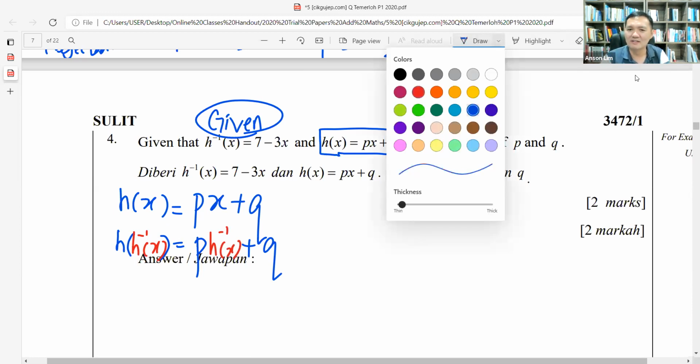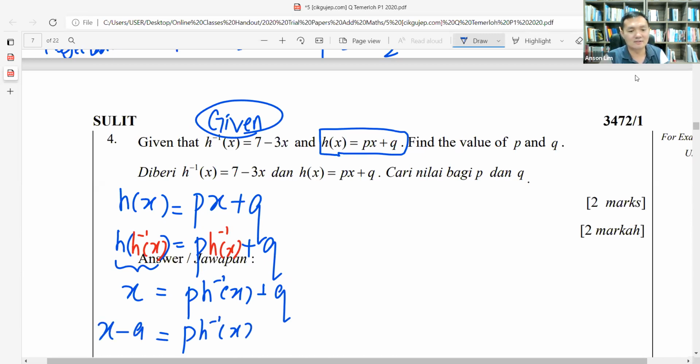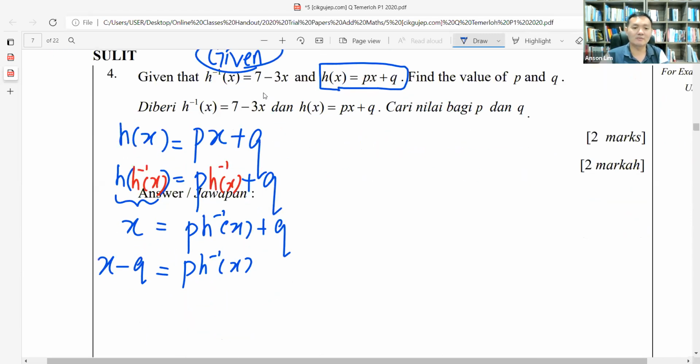Why not? You see, h composite h inverse, this one you must know it becomes x. And you make h inverse as the subject, right? So bring the q there, become minus q, right? You must know h composite h inverse is equal to x. Kena tahu ini tau.